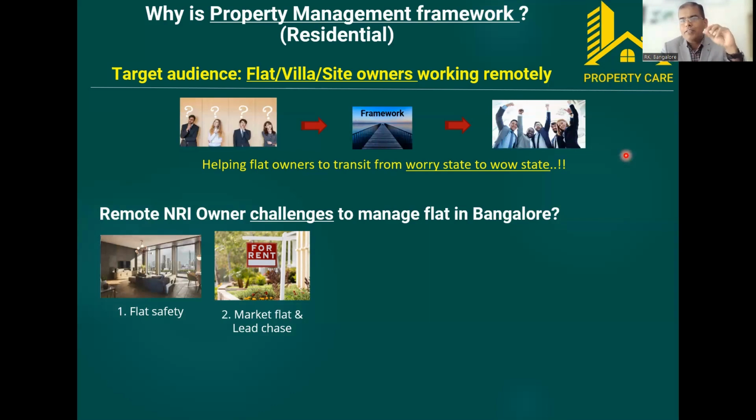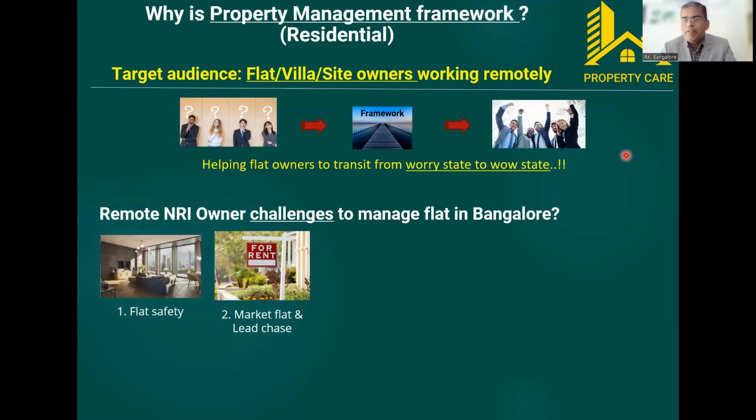See, the majority of customers are living abroad where the time zone is different, so they don't have a chance to put up an ad, watch the leads coming in and follow up. Even if some leads come, how do you show the property?